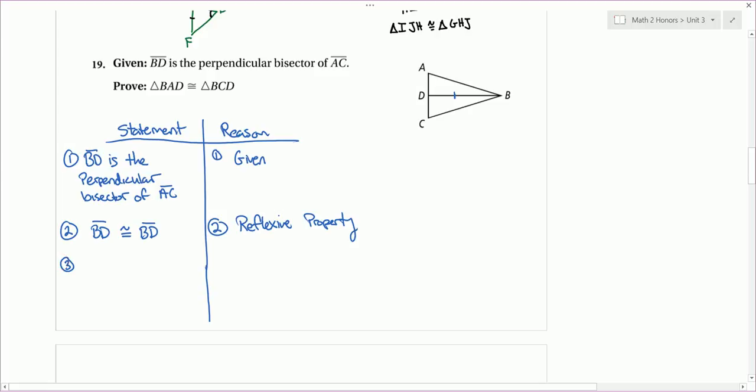We can also say that AD is congruent to DC because BD bisects AC.